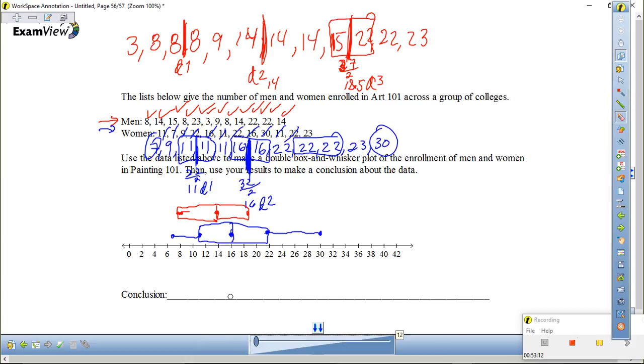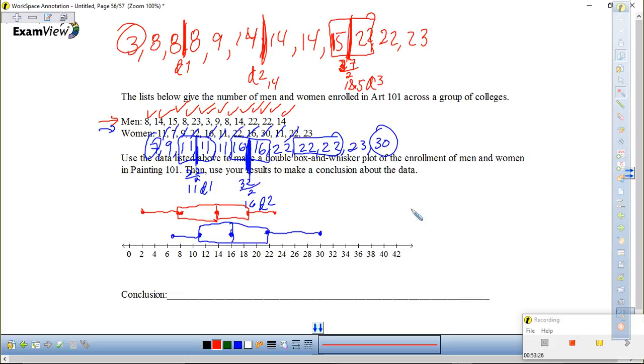And all I need is my min and my max, right? Minimum is 3, which is right there. Maximum is 23, which is right here. All right. So this is the data of students' enrollment.